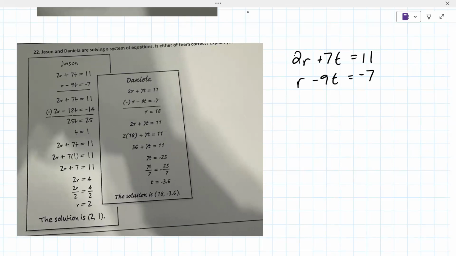You should cover up what they have, solve it, and then compare.